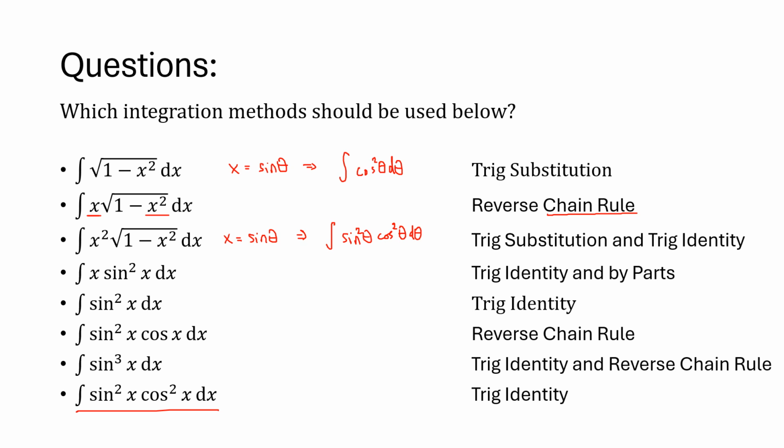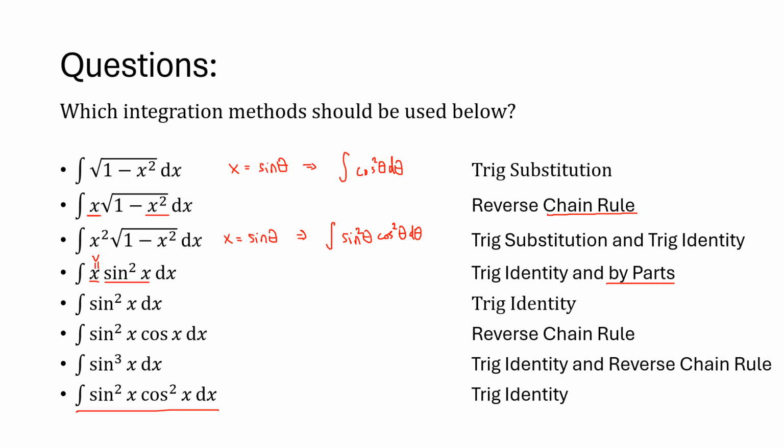For the fourth question, we have a product, and we can't seem to use any clever substitution, so we will use parts, where we call this our v, as when I differentiate v, I just get 1, which makes it much easier to integrate.